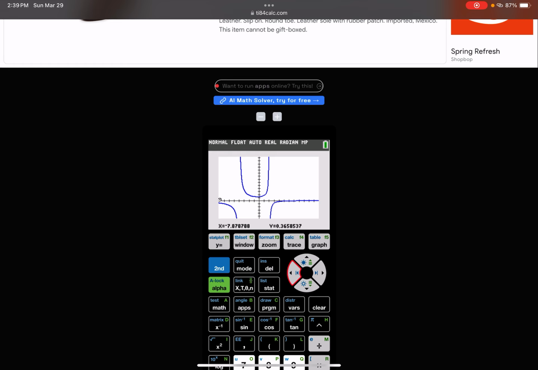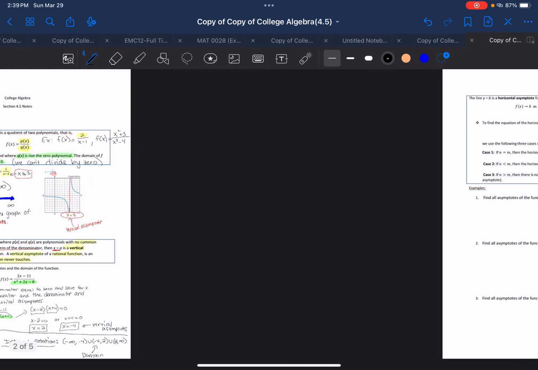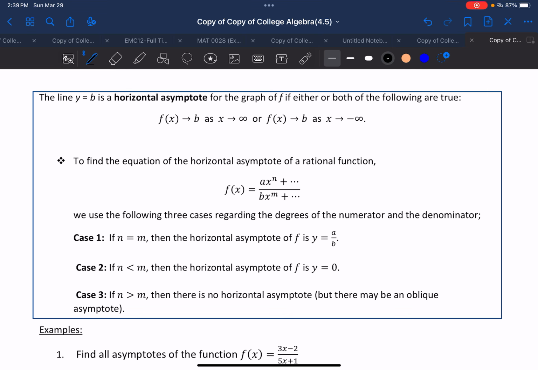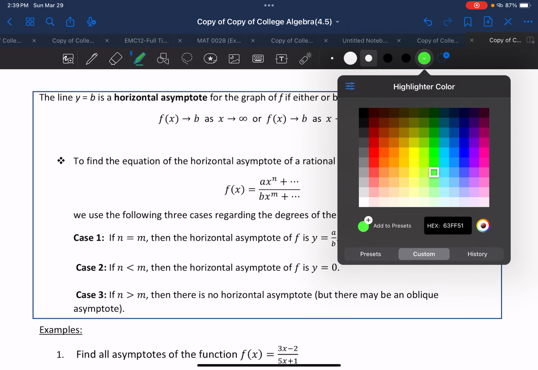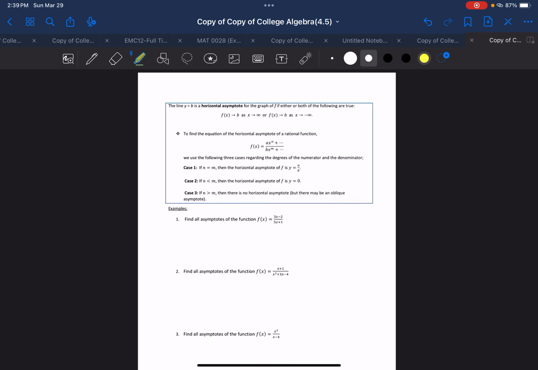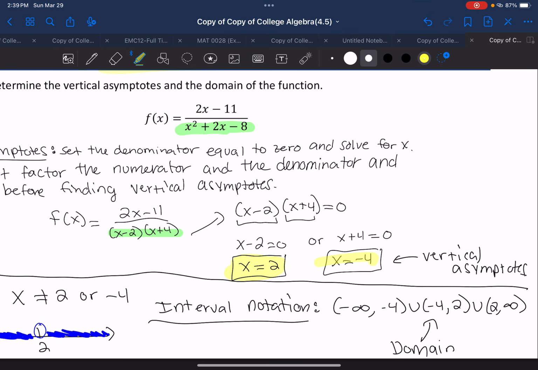Okay? So that's what we're going to talk about now. Horizontal asymptotes. Now, just like with vertical asymptotes, the answers that we got over here for these vertical asymptotes were equations of vertical lines.